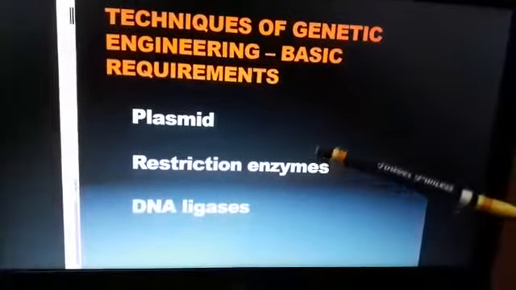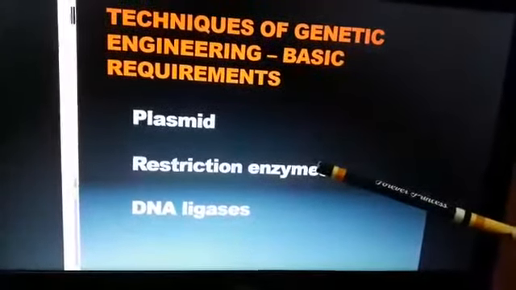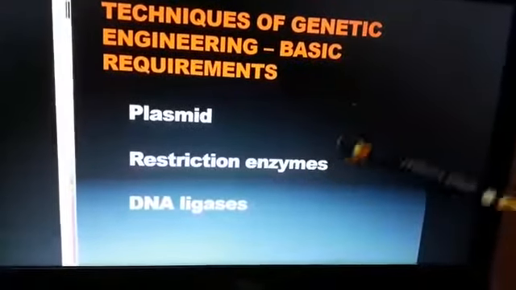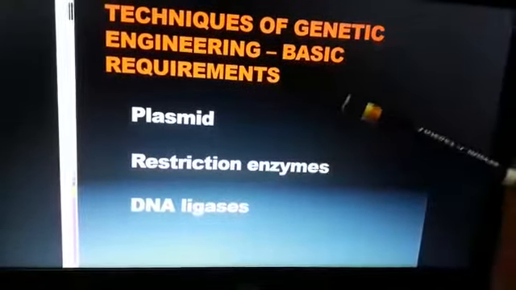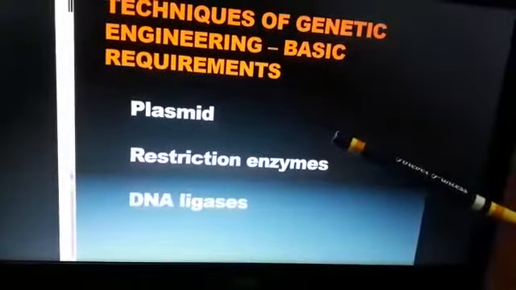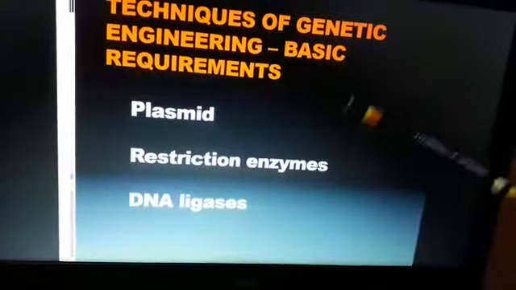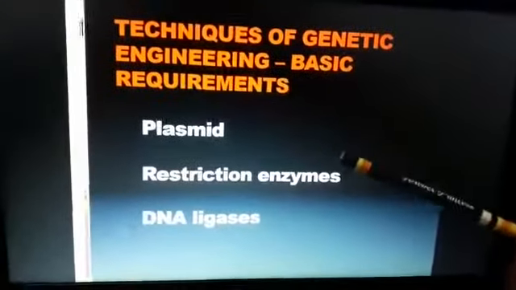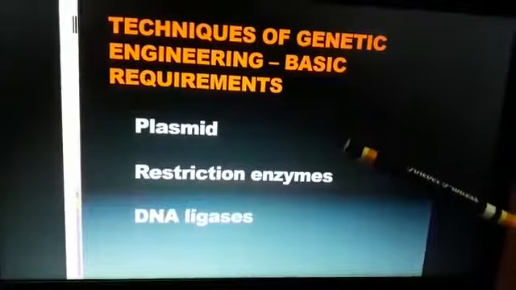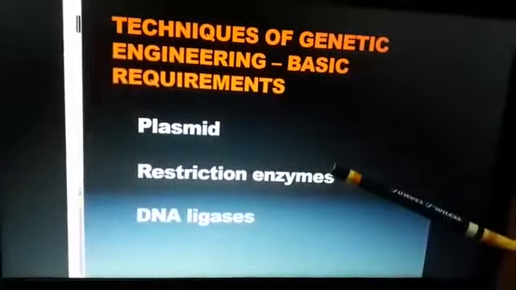Next, restriction enzymes. This is an enzyme. It recognizes a specific base pair sequence of DNA and cuts or breaks the DNA at a specific site. That site is called a restriction site.